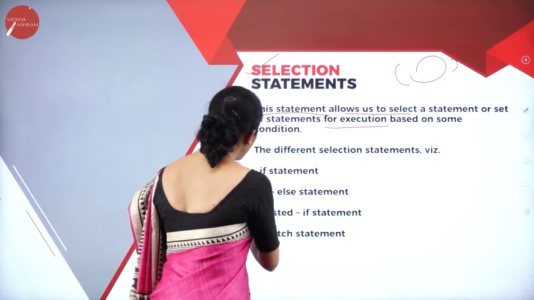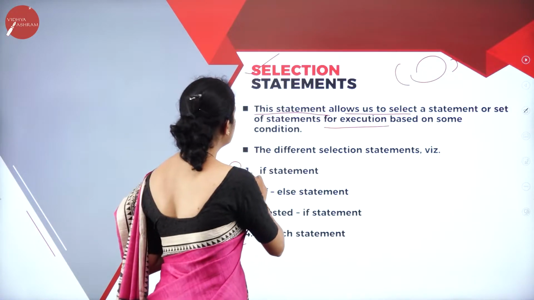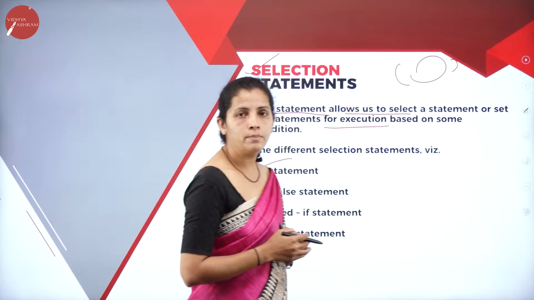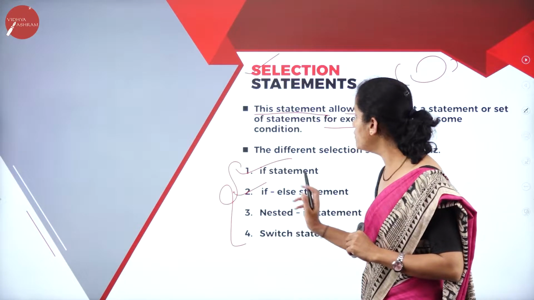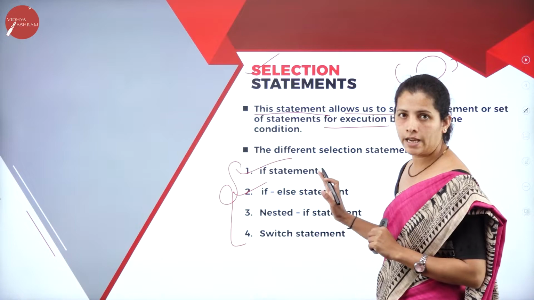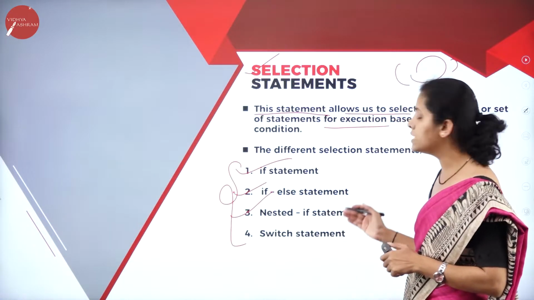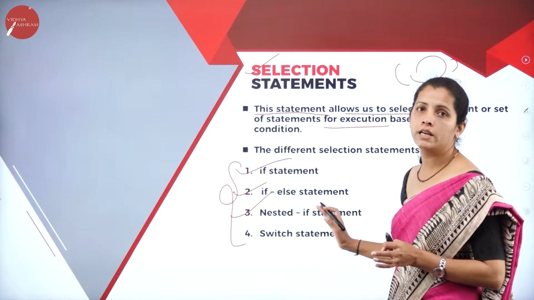There are four different types of selection statement, that is simple if statement, or one way. Then we are going to have if else statement. Then the third type is nested if statement, and the last type here is switch statement.